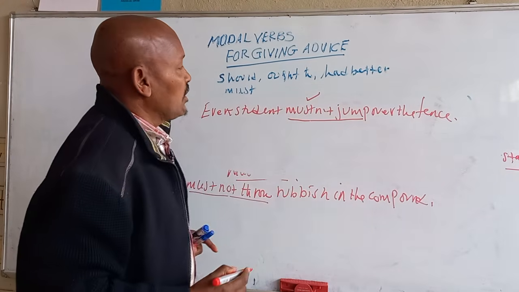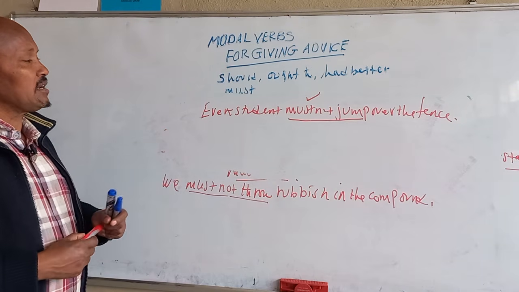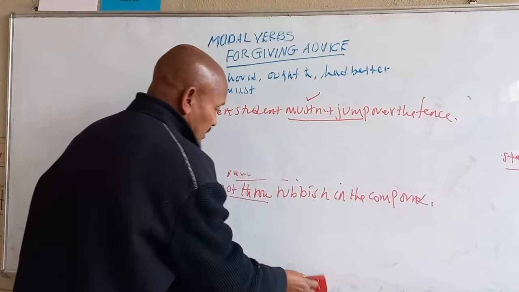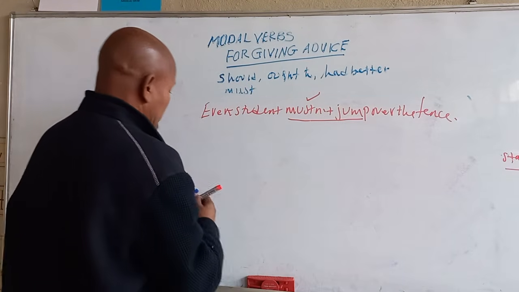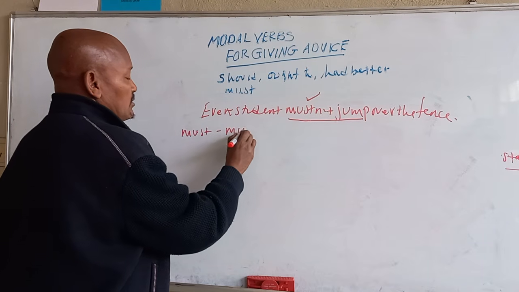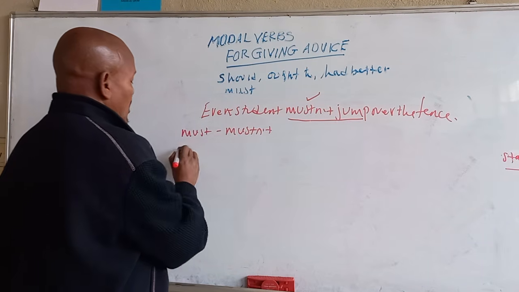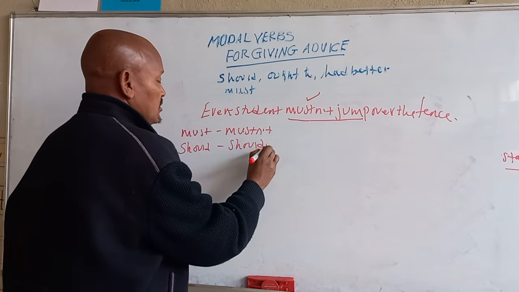True. On the whole, we can just use should, ought to, had better, and must. Let me summarize, please. Must, the negative form is must not or mustn't. And should, the negative form is shouldn't.